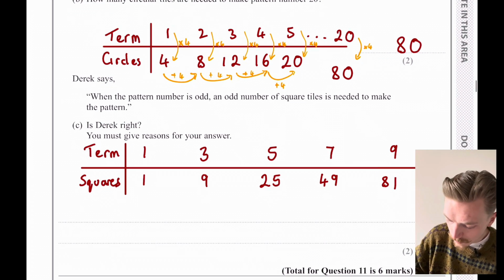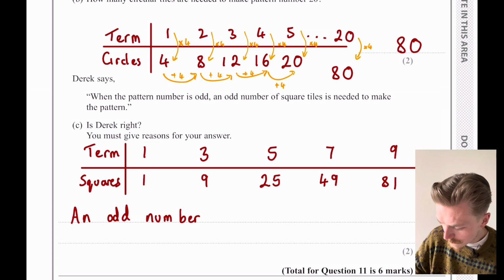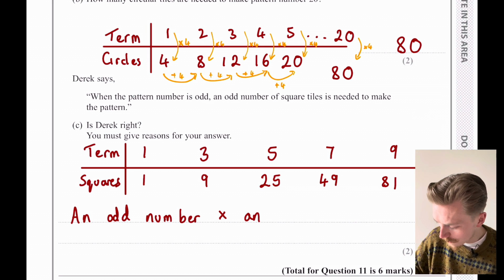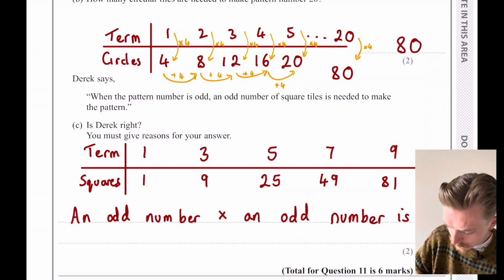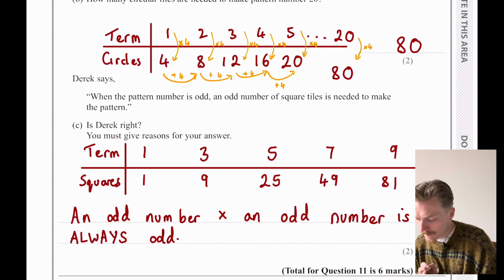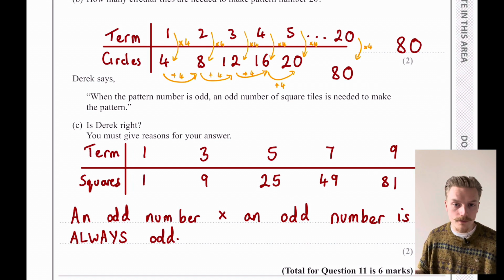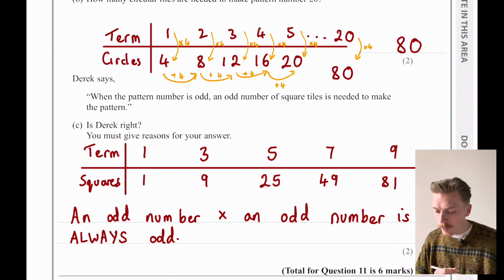An odd number times by an odd number is always odd. Odd number times by an odd number is always odd. That's a rule we can talk about. So if we're getting an even number, we're going to be timesing by an even, but an odd times an odd will always get you an odd.